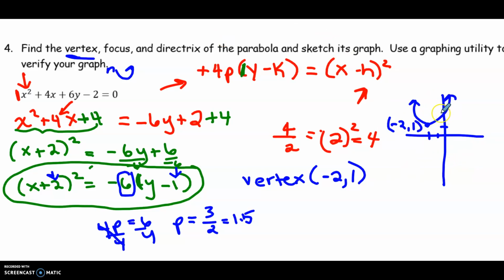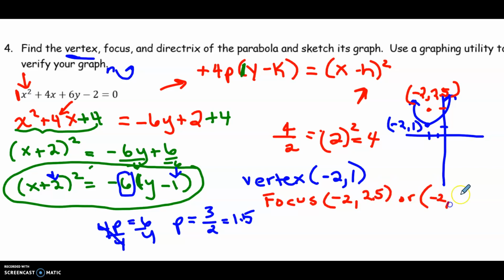So my focus going up 1.5, I'm going to land here, and that point is going to be negative 2, x doesn't change, and if I add 1.5, I'm going to get 2.5. Okay, so you can tell me the focus is (negative 2, 2.5), or you can write it as (negative 2, 5/2), which is another form of 2.5.